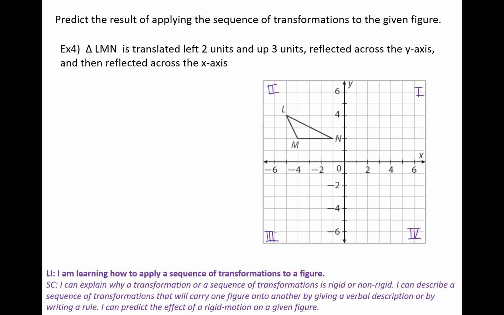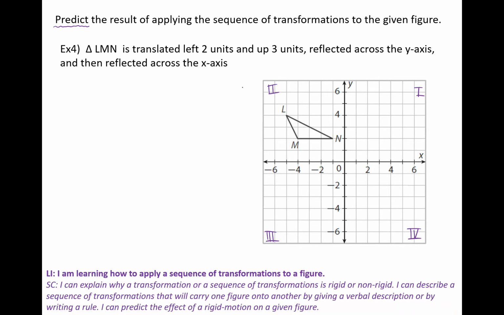Triangle LMN, which they give me, is translated left 2 units and up 3. I do want to draw our attention to this word predict. We're not actually drawing the sequence of transformations. We're trying to figure out where our picture ends up, and that's our prediction.